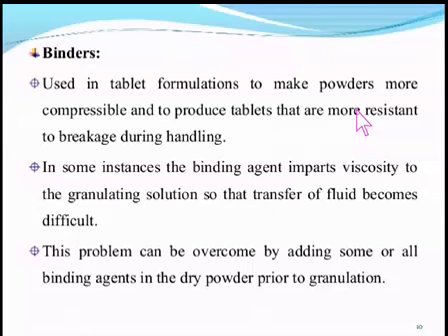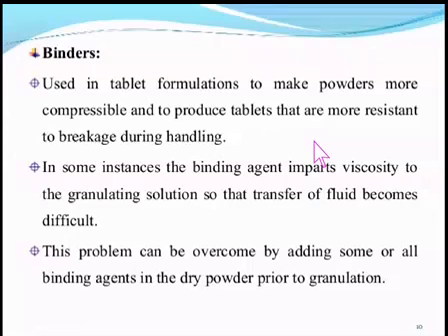So, binders. Binders are used in tablet formulations to make the powders more compressible and to produce tablets that are more resistant to breakage during handling. Addition of binder is a must to make the powders more compressible.